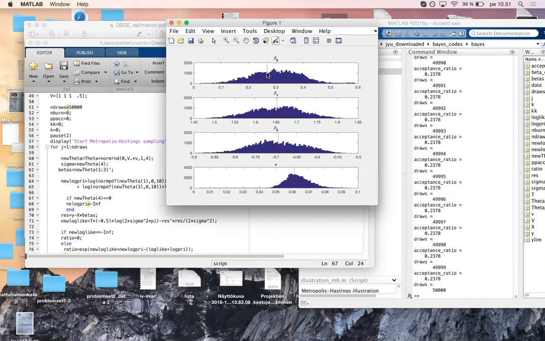Okay, so this is for the 50,000 draws. So we started from the OLS estimate, then we drew some parameter vector, and then we started to reject or accept them. And this shows us the histogram of all accepted draws.